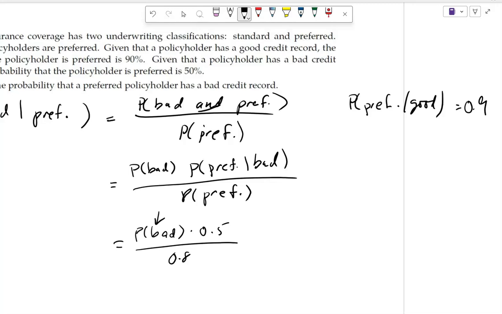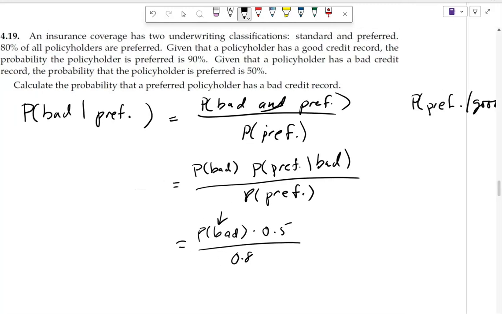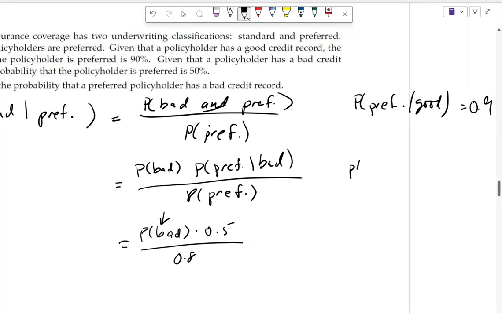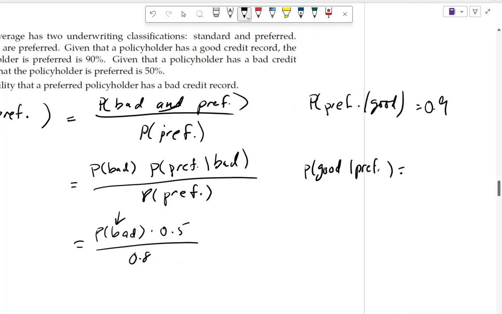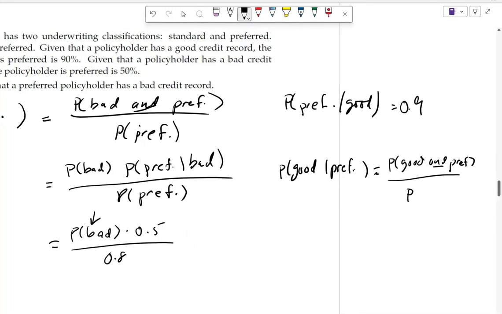Okay. Notice that we could also break this up using your conditional probability formula. If you do your good given preferred the other way around, this would be the probability of good and preferred over the probability of preferred.